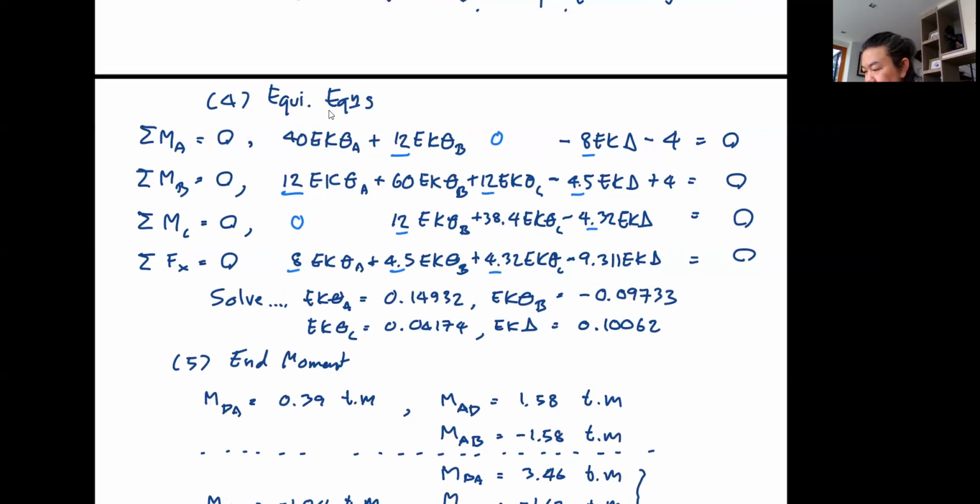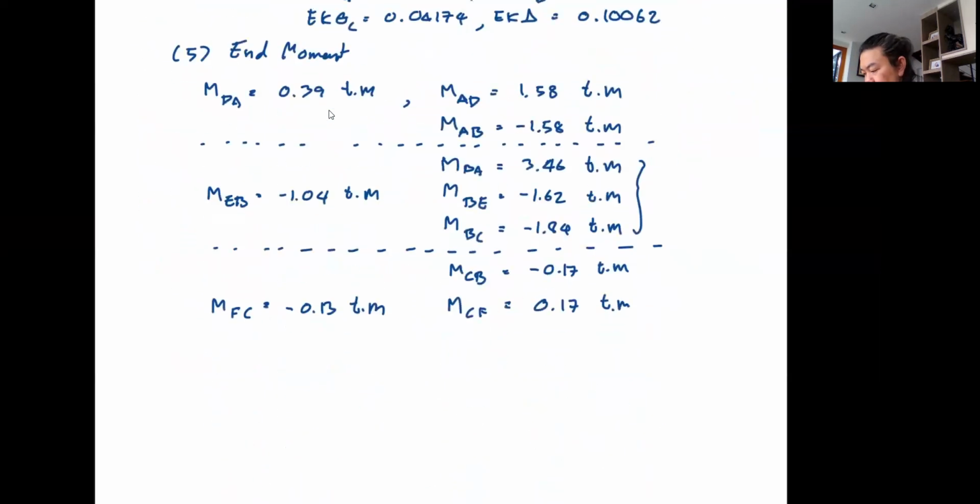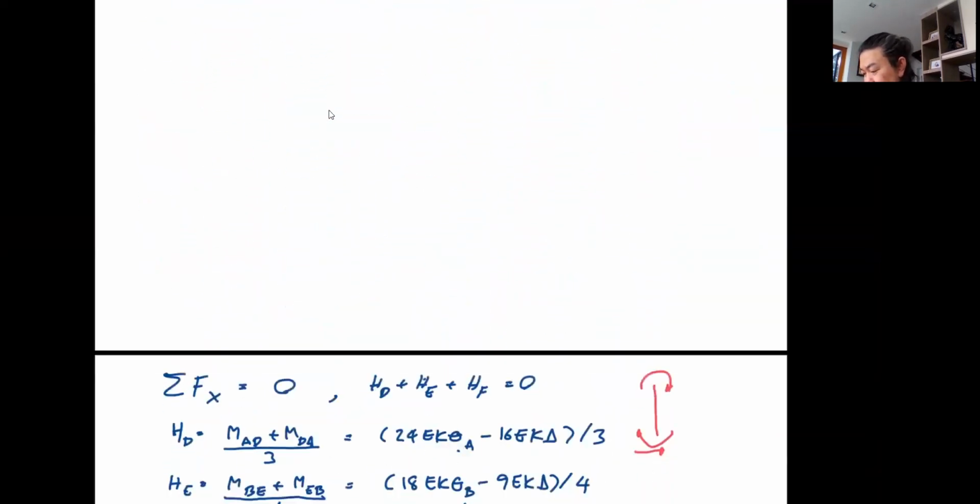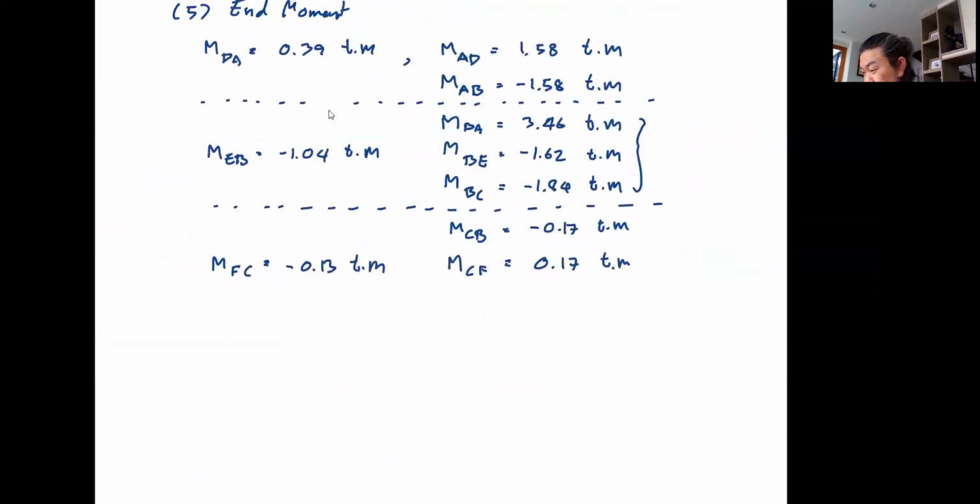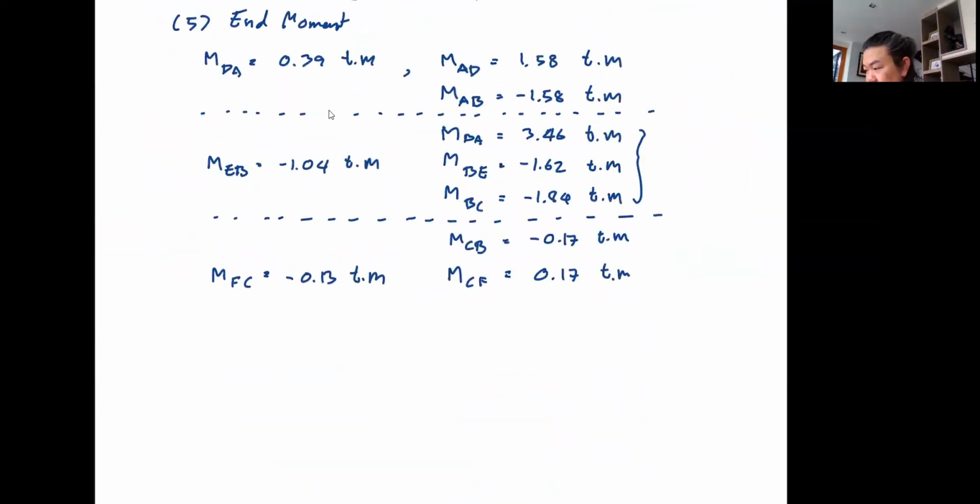Sigma MA, MB, and MC themselves are pretty straightforward. The tricky one is sigma FX because it requires a lot of work to go through. Here's your extra work, and once you have this, the rest is nothing.